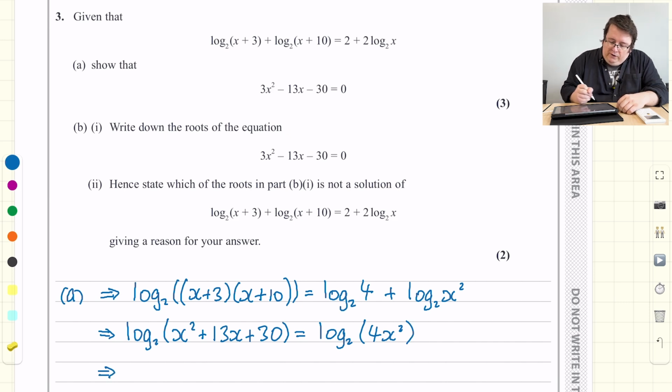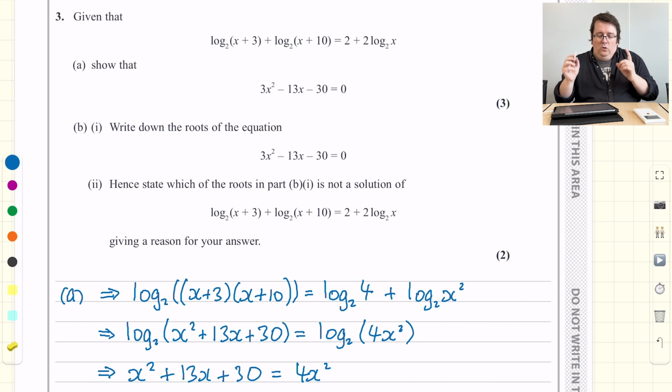Now we can get rid of the logarithms, so x squared plus 13x plus 30 is equal to 4x squared. You can only do that once you have log of something equals log of something else and nothing else is going on. Okay, then you can remove the logs.